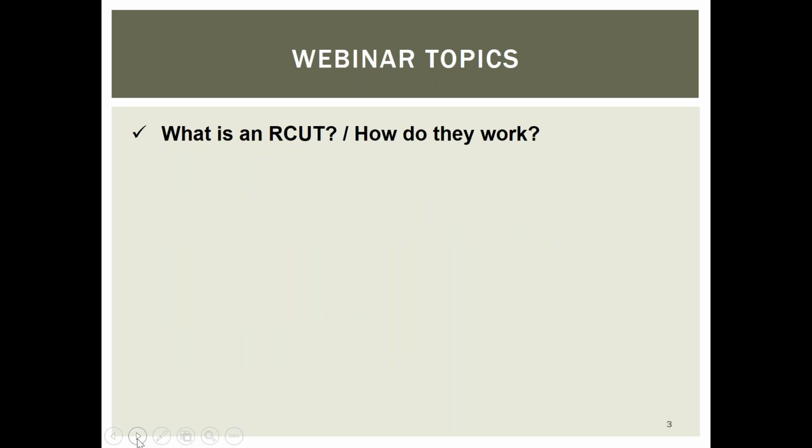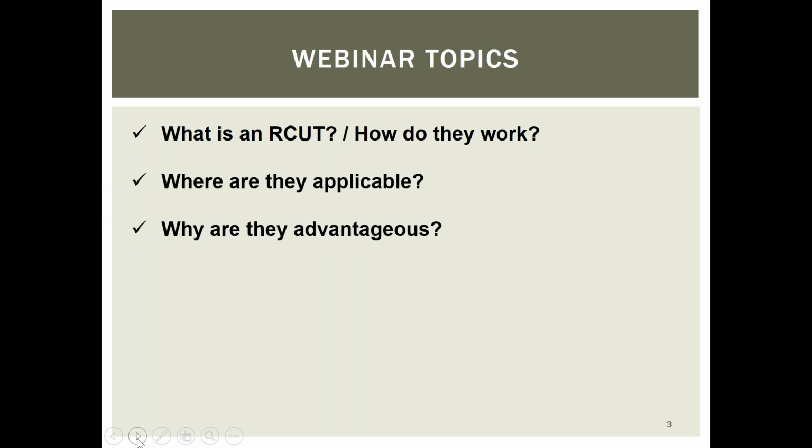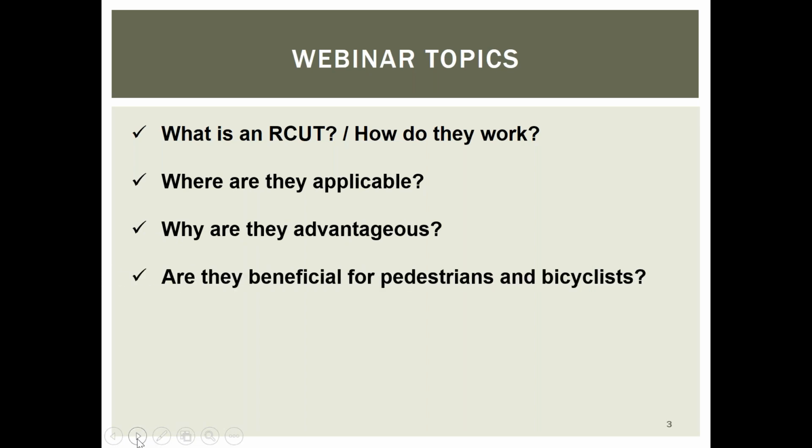So what I'd like to cover today is starting off with the basics of what is a restricted crossing U-turn intersection, how do they work, and where are they applicable? Where or why are they advantageous? What are the benefits? Are they beneficial to pedestrians and bicyclists? Short answer, yes, they can be.